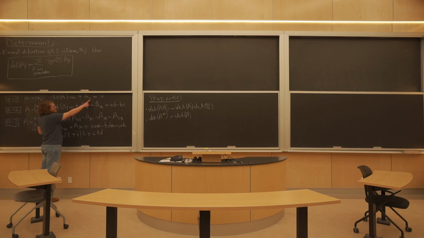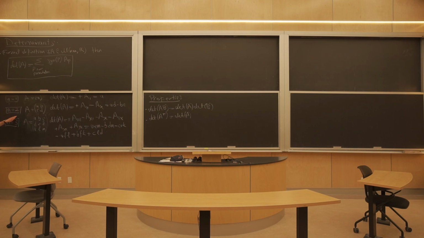I have only one permutation, and its sign is plus. This represents the product of the entries of A corresponding to these permutations, and at the end you get A.